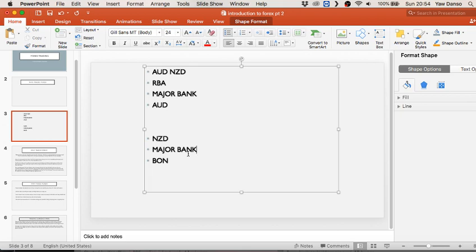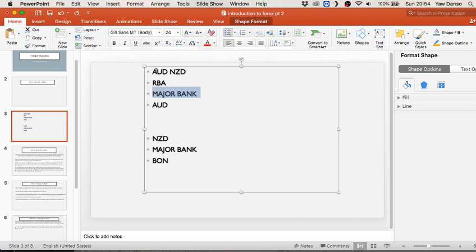Okay, so like I explained earlier, we have at the very top the major banks. Every country has got one. So every country from the pairs that we've discussed has got one.